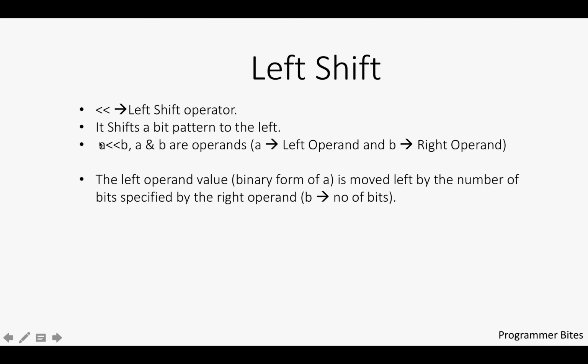A is the left operand and B is the right operand. The left operand value, the binary form of A, is moved left by the number of bits specified by the right operand. B is the number of bits. That is, the binary form of A is moved towards the left B times.